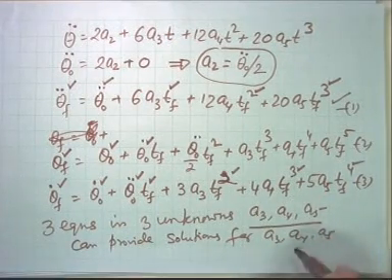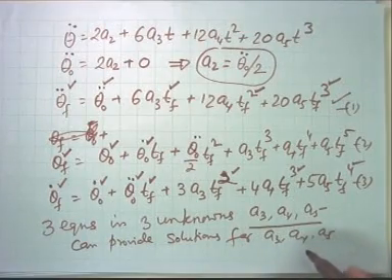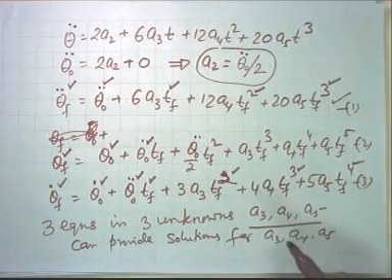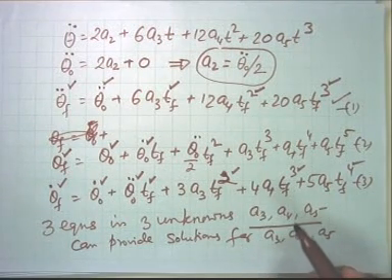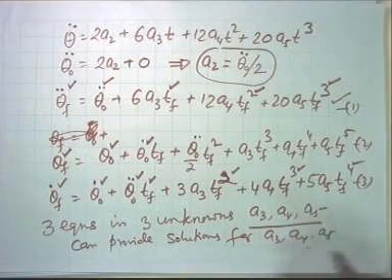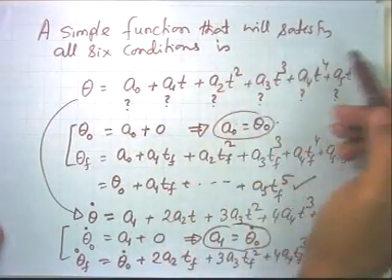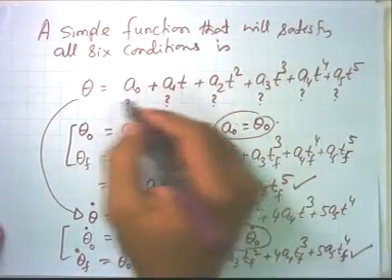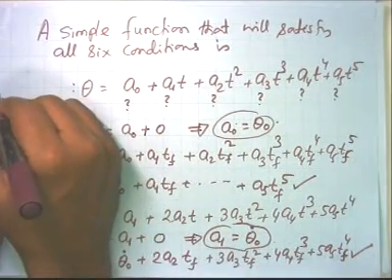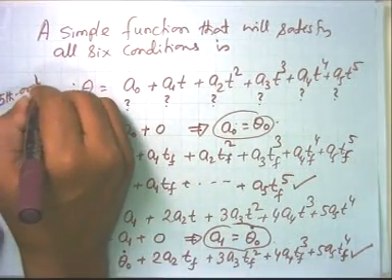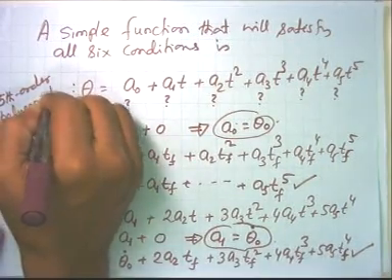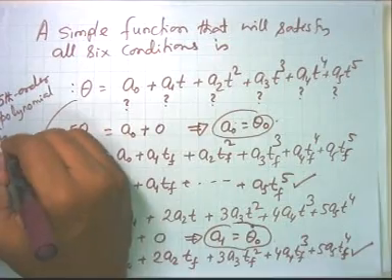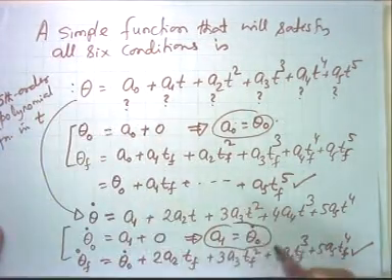So, now I will show you these 3 solutions along with the other solutions A0, A1, A2, so that we get what we call a 5th order polynomial. The polynomial, a simple function that will satisfy all 6 conditions, is this one. This is a 5th order polynomial, a function in t, t means time.